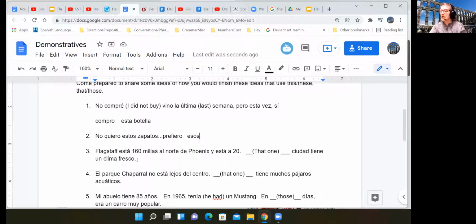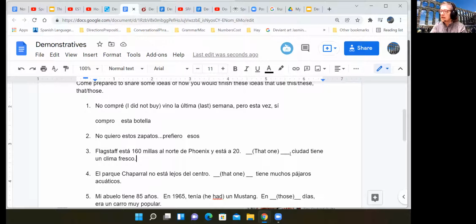Flagstaff está a 106 millas al norte. Oh, no, I wasn't reading far enough ahead. Está a 160 millas al norte de Phoenix, and Phoenix está a 20, and Phoenix is only 20.